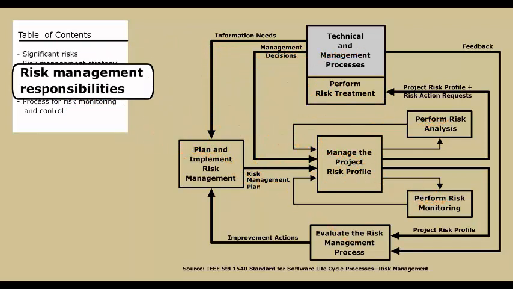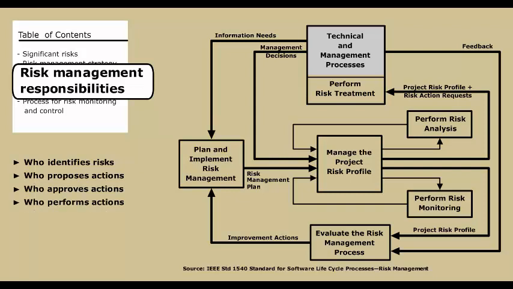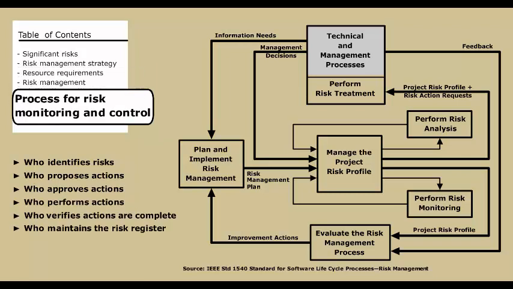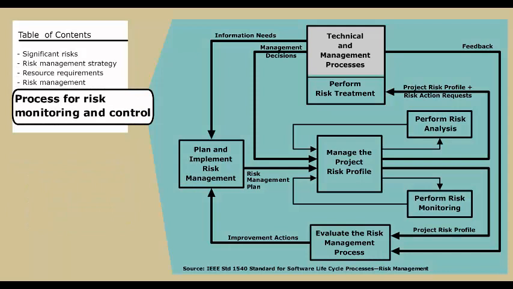It identifies risk management responsibilities, nominating who identifies risks, who proposes actions, who approves actions, who performs actions, who verifies actions are complete, and who maintains the risk register. It also describes the process for risk monitoring and control during project execution.